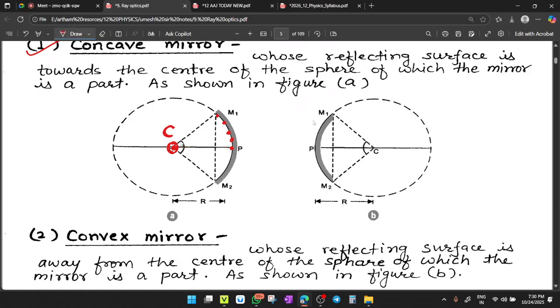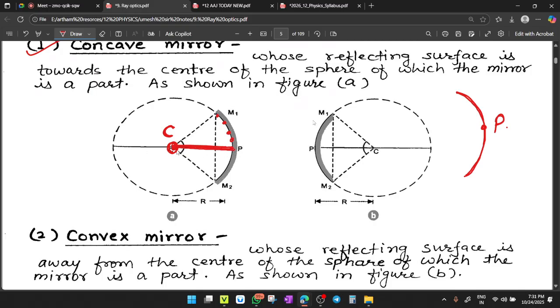Why? Let me answer. Because in a mirror, the exact central point of the mirror, the lengthwise central point of the mirror, is called the pole. And the line joining the center to the pole is called the principal axis.